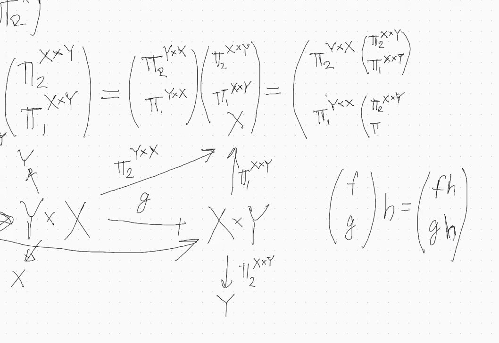So we will get exactly what we wanted to get. So pi2 composed with that thing there is going to be pi1, just like we wanted. So that's pi1 of x cross y. And the other one will be pi2. There we are.